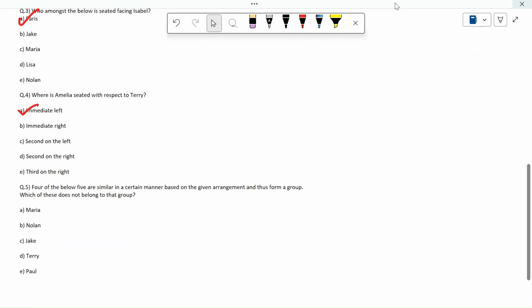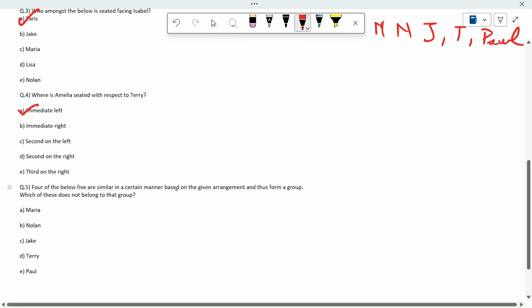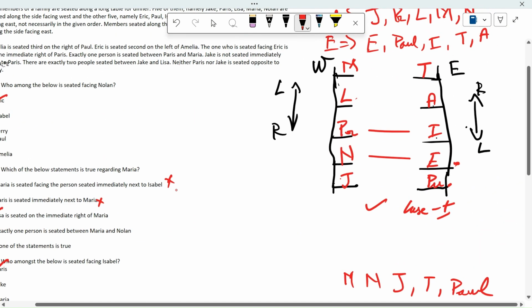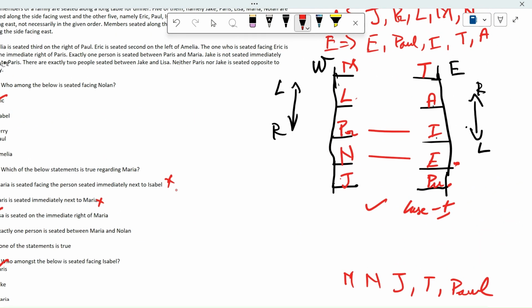Four of the below five are similar in a certain manner based on the given arrangement and thus form a group. Which of the following does not belong to that group? These are Maria, Nolan, Jack, Teresi, and Paul. Let us check what is in between them. Four will be similar, and one is the odd one out.